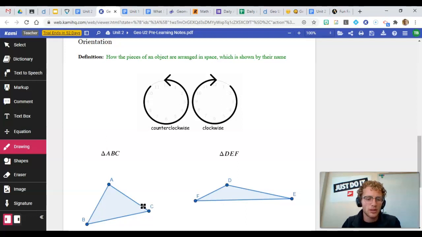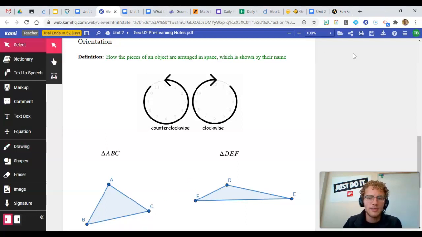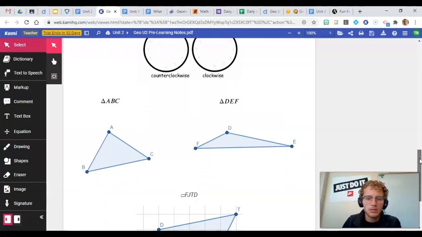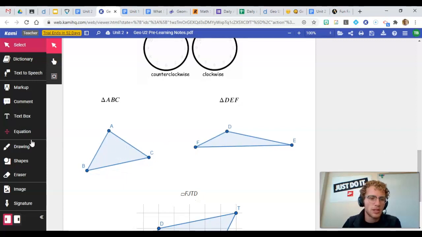Alright, so let's take a look at two triangles. We've got triangle ABC and DEF, and they're two examples of different orientation.